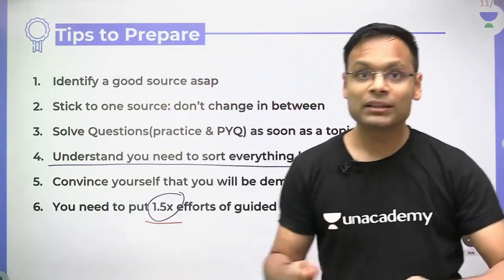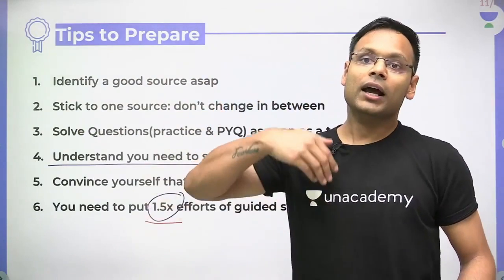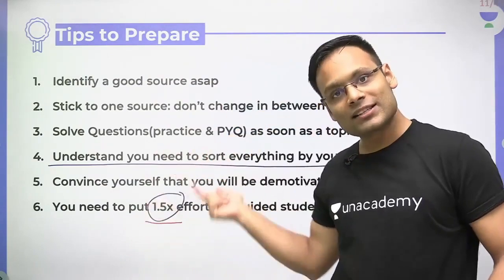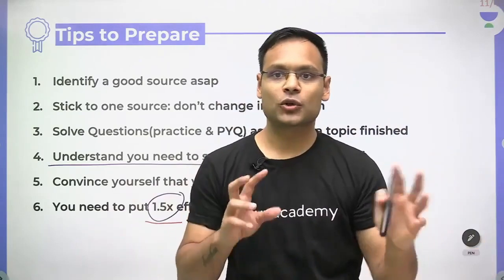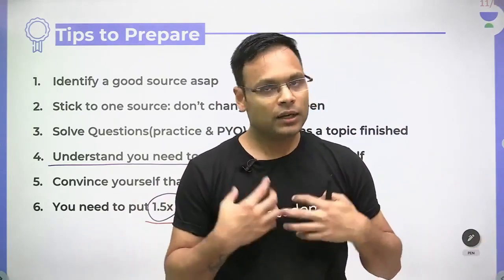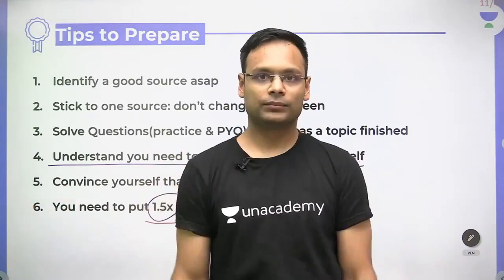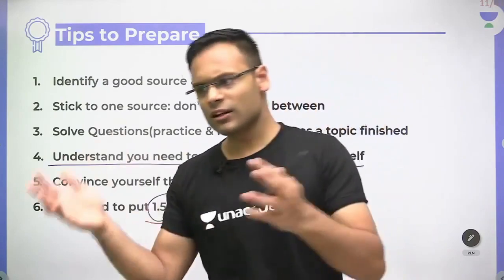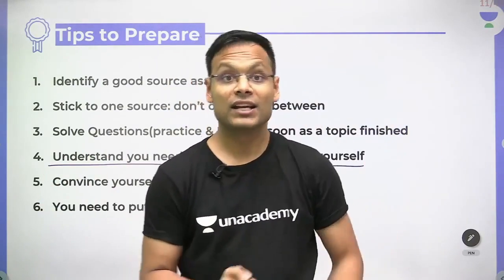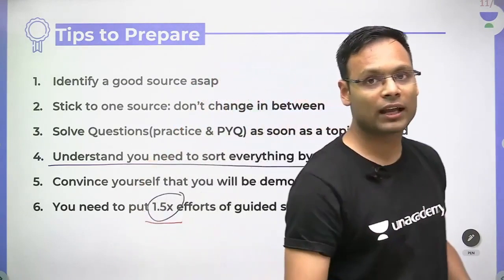There is no harm in that, but you will have to convince yourself that you'll put in extra effort to get the same rank. Somebody is studying 8 hours, you'll have to study 12 hours to get the same amount of learning. No problem. If you are able to do that, go for it. If not, then you also study 8 hours, the other fellow also studies 8 hours, and you will be able to score more with that 8 hours. And imagine if you can study 12 hours, how good your rank can be.